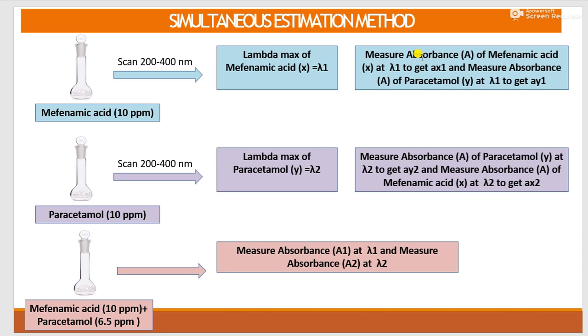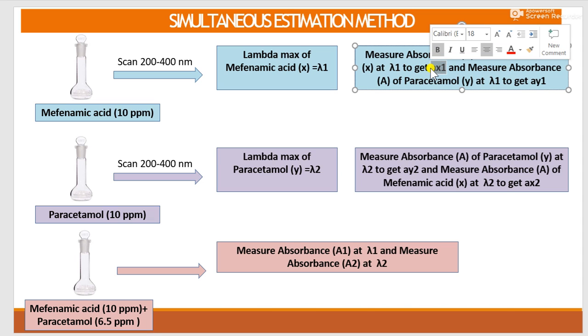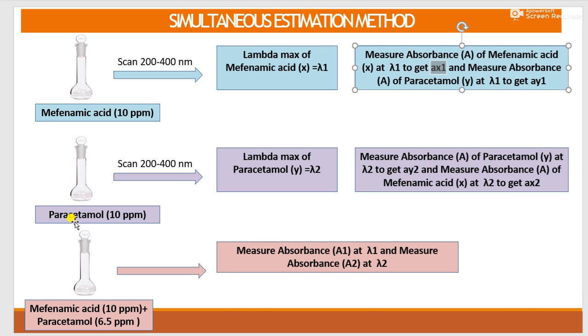Measure and simultaneously record the absorbance, and using that absorbance calculate AX1. After that you scan the paracetamol solution in the same way, find out the lambda max, that will be your lambda 2, and again measure the absorbance of that paracetamol solution.